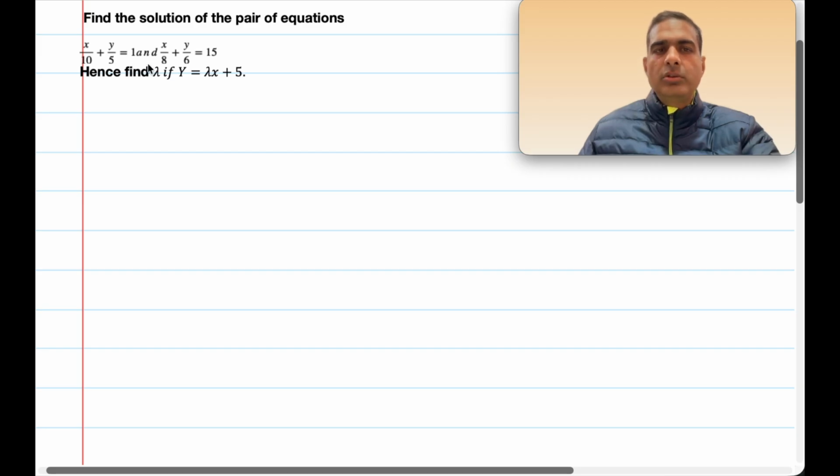We will try to convert these fractions into integers because we are more comfortable with integers than with fractions. So how to convert these fractions into integers? We will take the LCM of the denominators and we will multiply the whole equation by that LCM to cancel out the denominators.